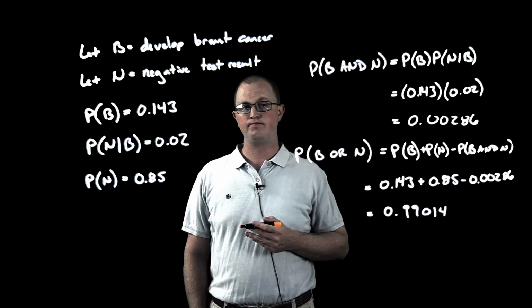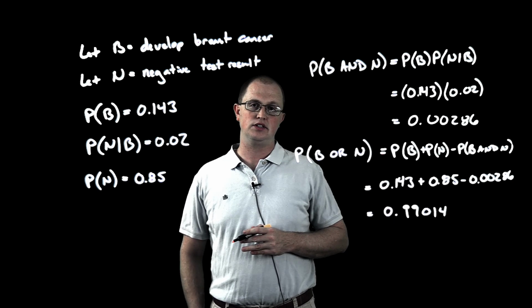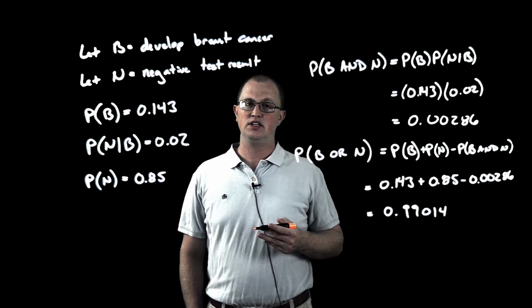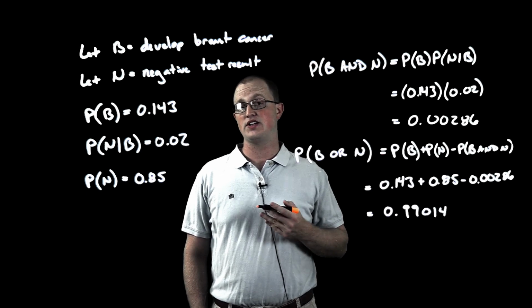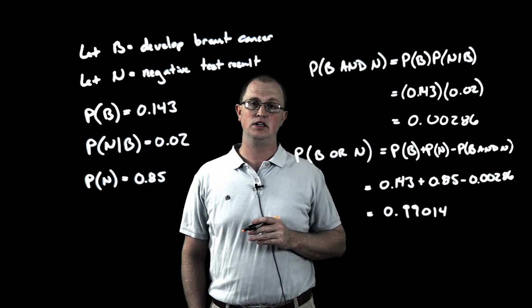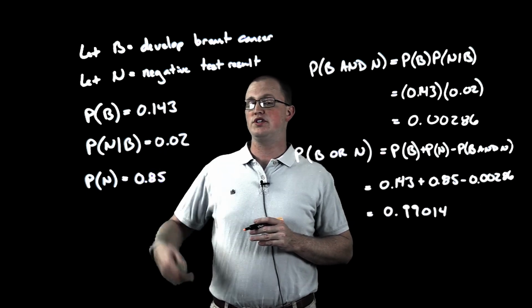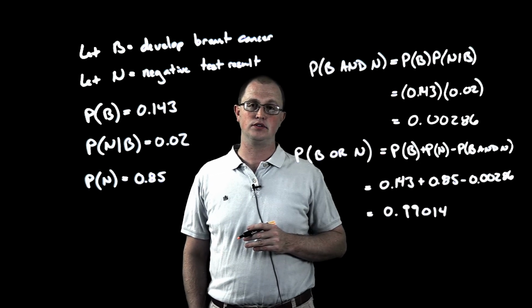And this is a major issue in the medical industry, making sure that whenever you have tests, those tests are as accurate as possible, because the stakes are so high, right? We have a 2% chance of someone who has breast cancer getting a negative test result.